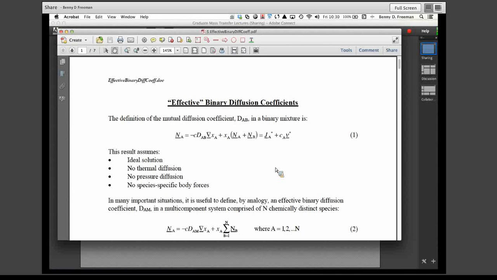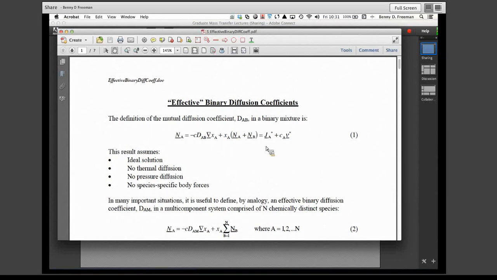Well, if we consider our diffusion coefficient as defined in a binary system, you'll remember that we wrote our constitutive equation as minus the molar concentration, times the binary diffusion coefficient. It's often called the mutual diffusion coefficient because it's the diffusion of A in B, the commingling of two mutual components, times the gradient in composition plus the convection correction term.